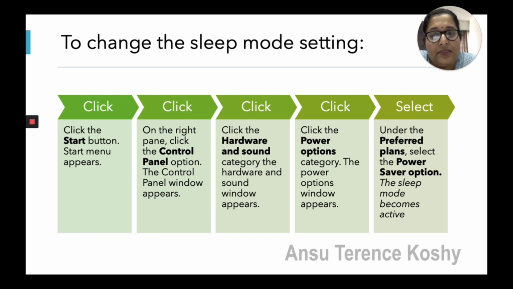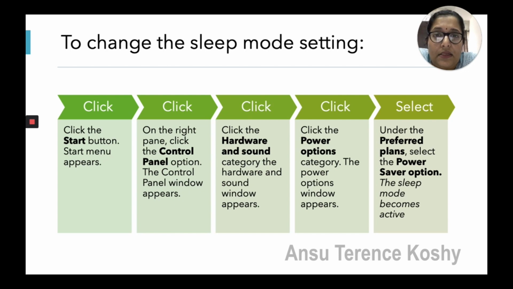I'll repeat one more time. You have to click the start button. From that, a list appears and in that you have to look on the right pane and a control panel option appears there. You need to click on the control panel option. The control panel window appears. In that you have to look for hardware and sound.